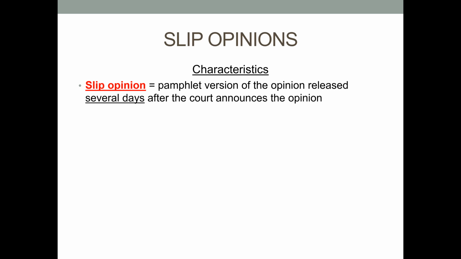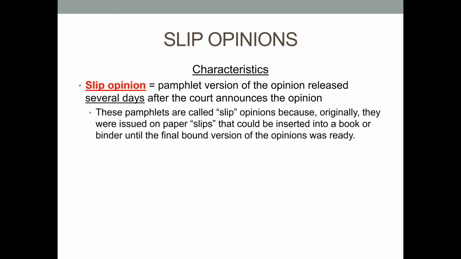Now, slip opinion is a pamphlet version of the opinion that is released several days after the court has announced the opinion. So remember, the bench opinion is issued immediately after the announcement of the opinion from the bench, hence the name. A slip opinion is released several days later.